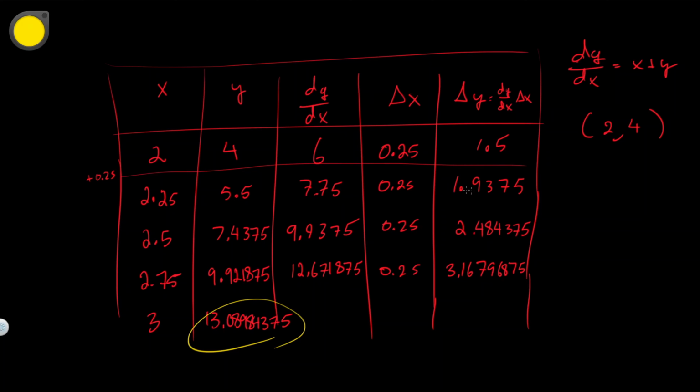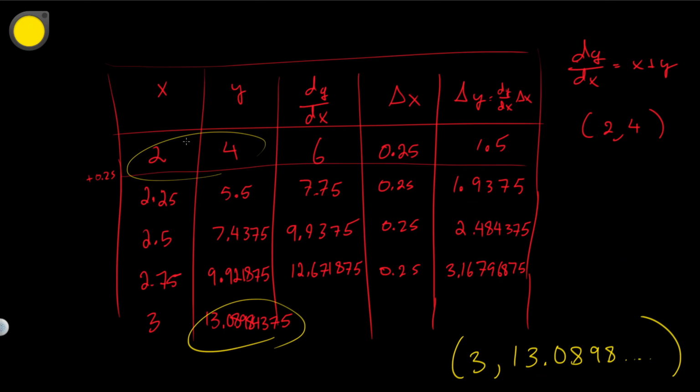These two numbers then gave us our new delta y. And then this delta x and this delta y changed these numbers. And then we proceeded this process until we got to the coordinate 3, 13.0898... And this is a method that we can use to approximate the solution to this equation given an initial condition. This is the Euler method.